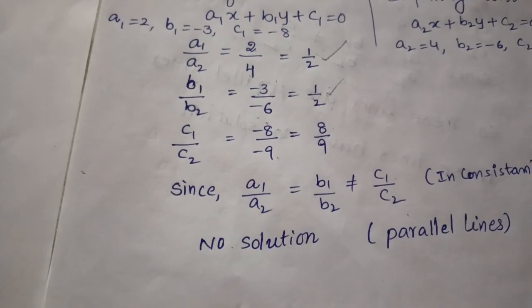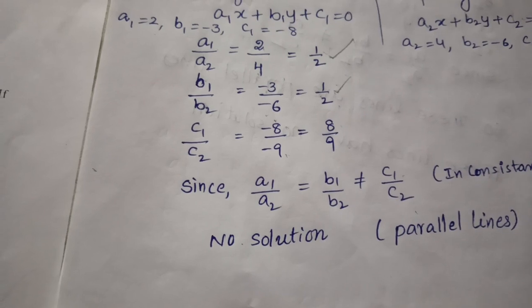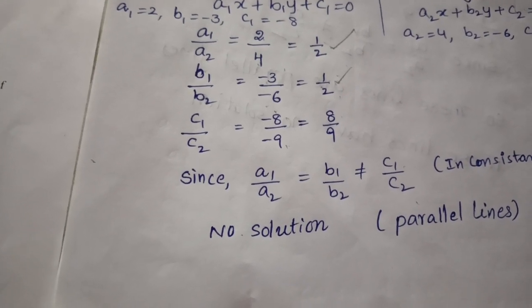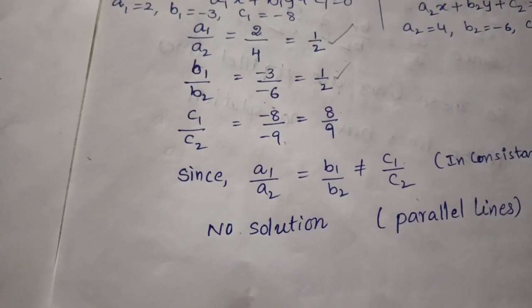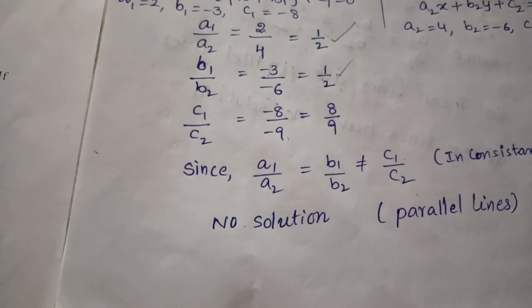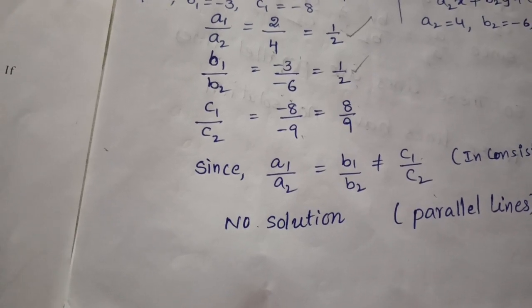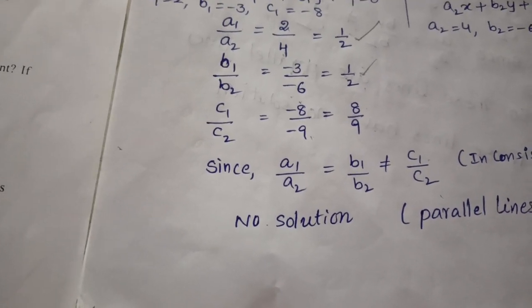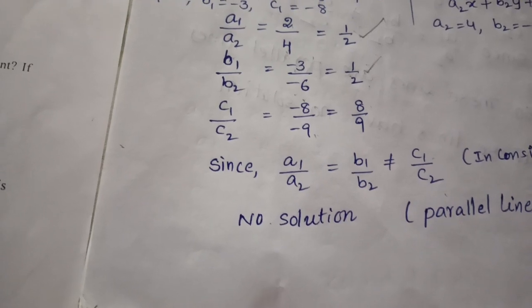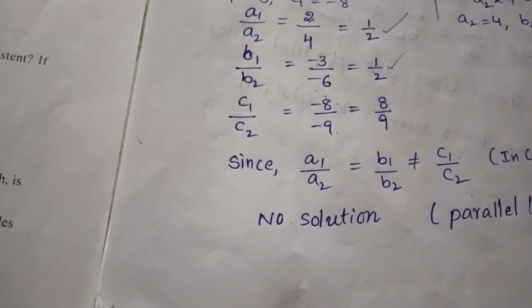In case A1 by A2 is not equal to B1 by B2 is not equal to C1 by C2, those equations are consistent. Next, A1 by A2 equals B1 by B2 is not equal to C1 by C2, those lines are inconsistent. Inconsistent lines are parallel lines. Parallel lines have no solution.